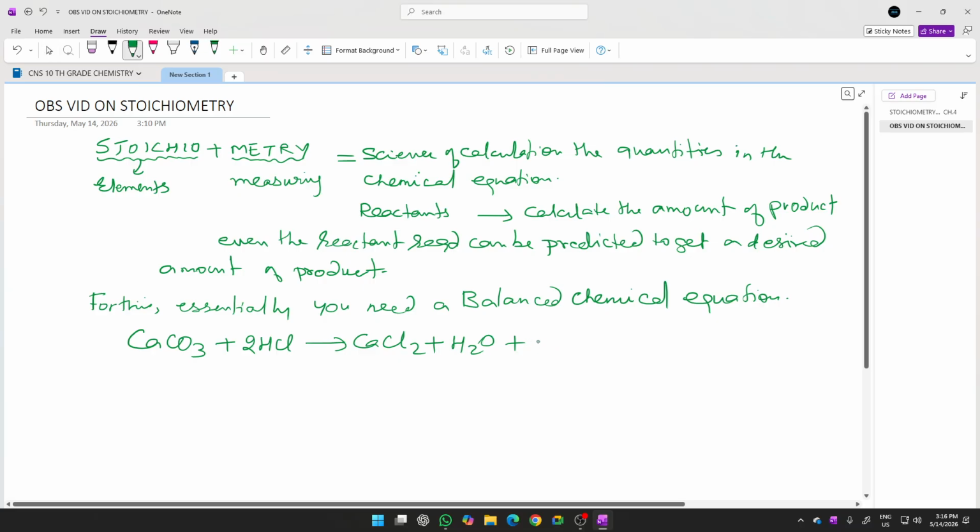Now you can see this is a balanced chemical equation.